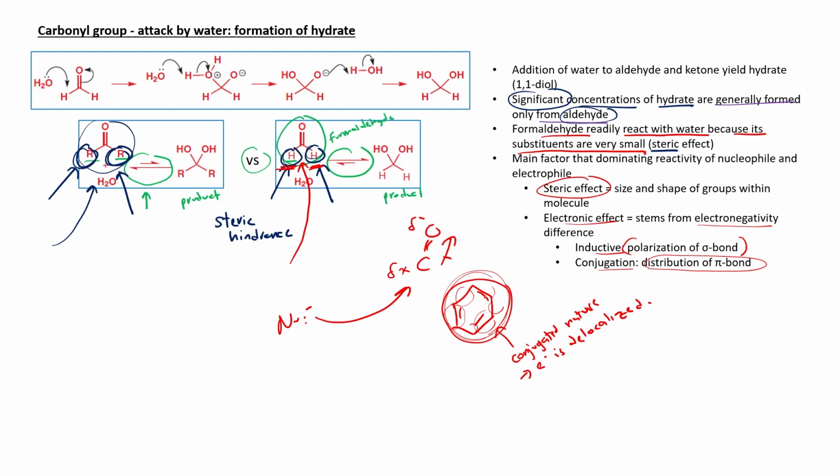When you have conjugation, with alternating double and single bonds, bear in mind that we cannot really say this is a double bond and then a single bond.